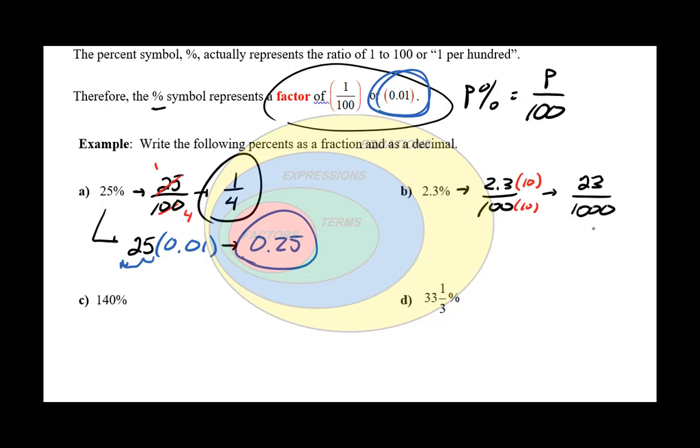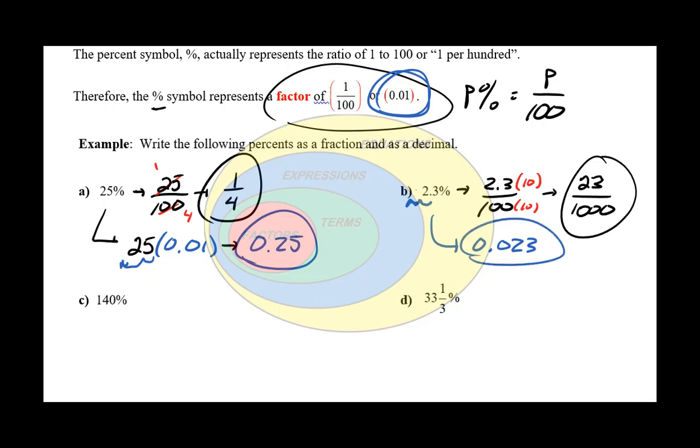So in fraction form, I'd have 23 over 1,000. In decimal form, just take the decimal and move it to the left twice. So this would be the same as 0.023. If I move the decimal place to the left 2 places, I'd have to attach a 0.